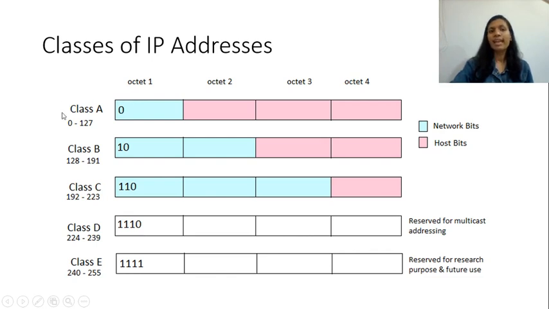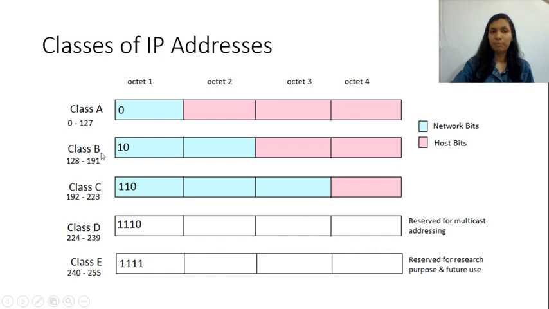In case of Class A, B, and C, there are a fixed number of bits reserved for network bits and a fixed number of bits reserved for host bits. In case of Class A, the first 8 bits are reserved for network bits, and the remaining 24 bits are reserved for host bits.